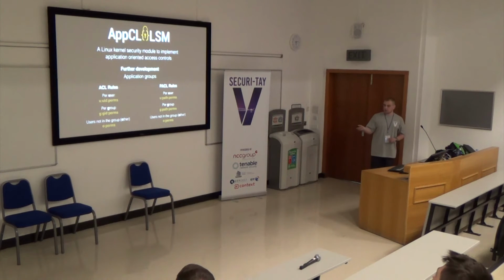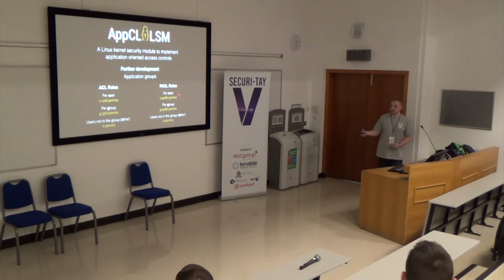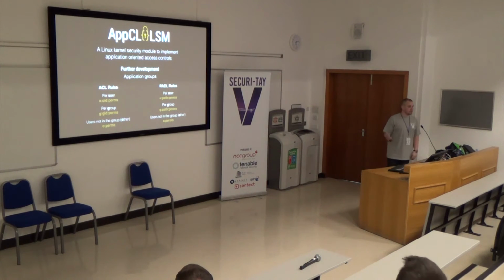Wouldn't be user, sorry, that would be application, not user on that second one. So here where it says user, that would be application. So ignore that. But group would still be group, but it would be an application group. And so you could set application groups, and you could have the other. So it would still reflect that. The only difference would be it would be application, not user at the top there.